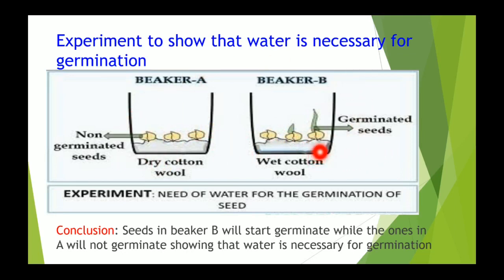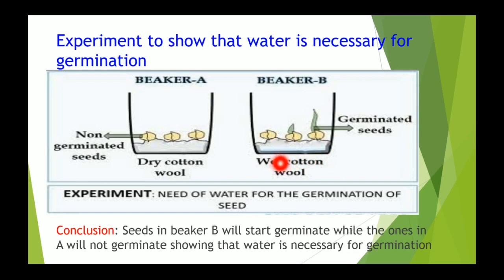What will be your observation at that time? In which beaker do the seeds germinate? It is very clear that it is beaker B. Why is it so? Because in beaker B there is wet cotton wool, and wet cotton wool has some amount of water in it.